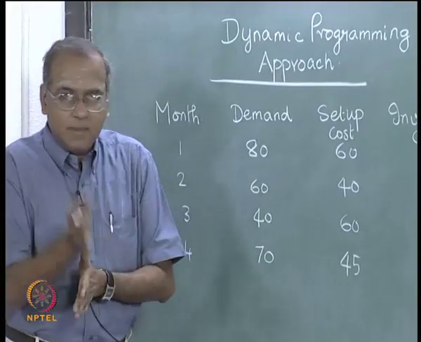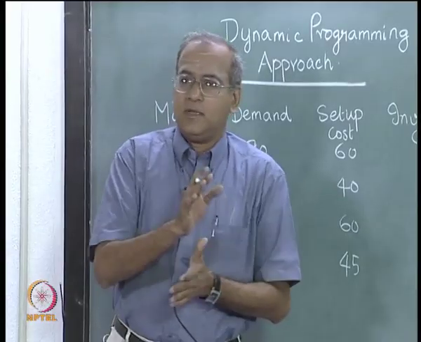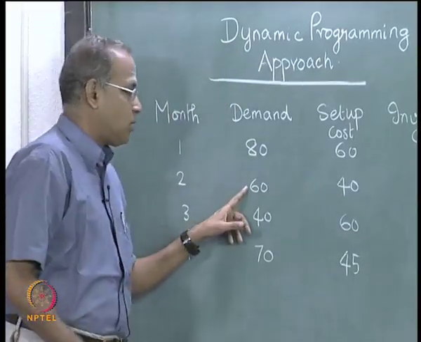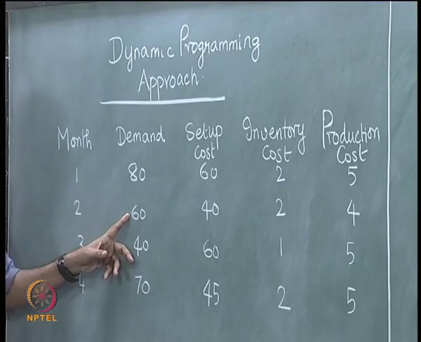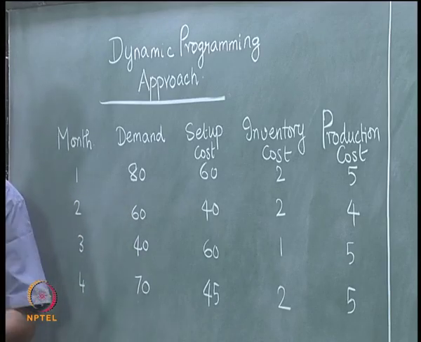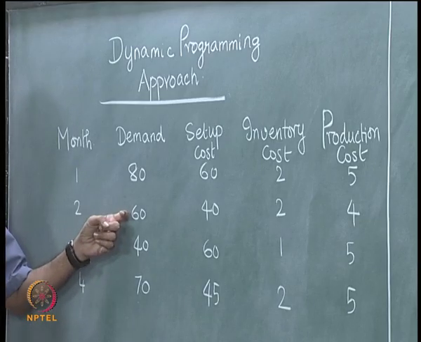So if there is a beginning inventory at the beginning of a particular month, let us say we are looking at month number 2, and there is a beginning inventory of say 20, then we should produce 40 or more.